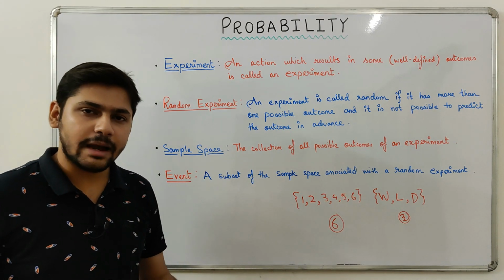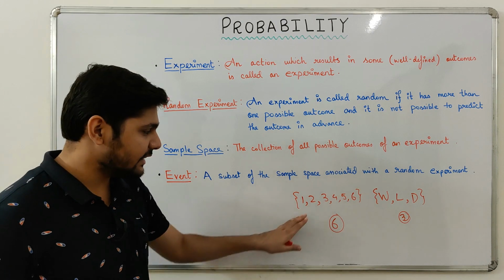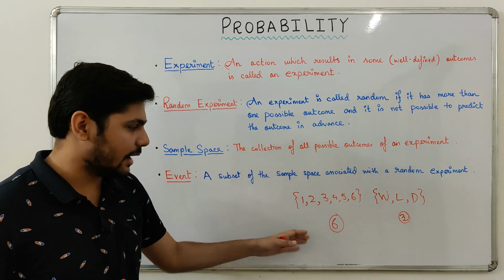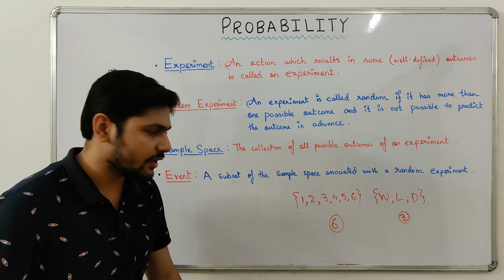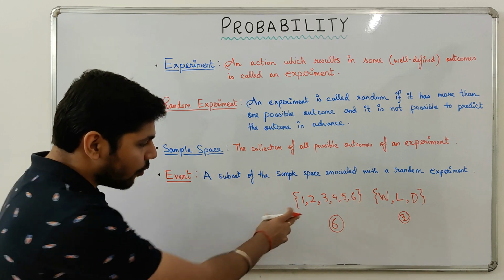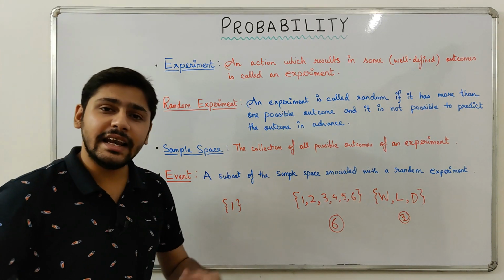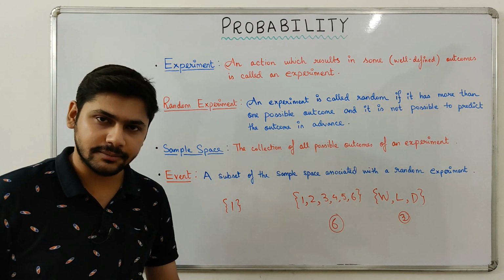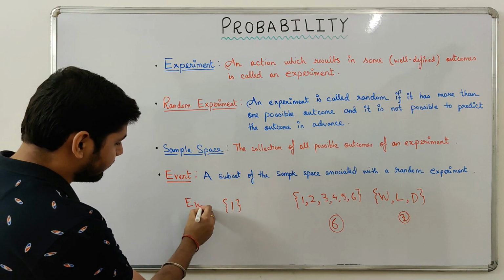A subset of the sample space means that you take some values from the sample space. So for example, for throwing of a dice, the sample space is 1, 2, 3, 4, 5, 6, all the possible outcomes. So if I take 1 from this, then it is an event where you are getting 1 while throwing a dice. Simple. So getting a 1 is an event.